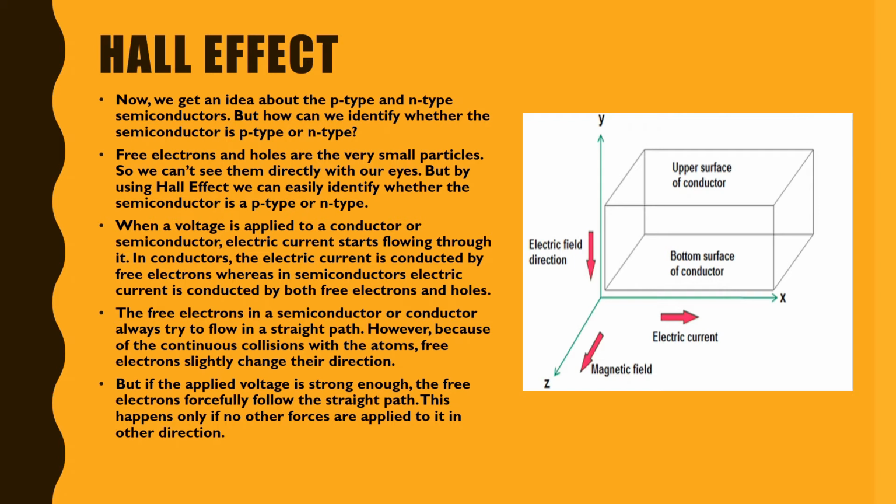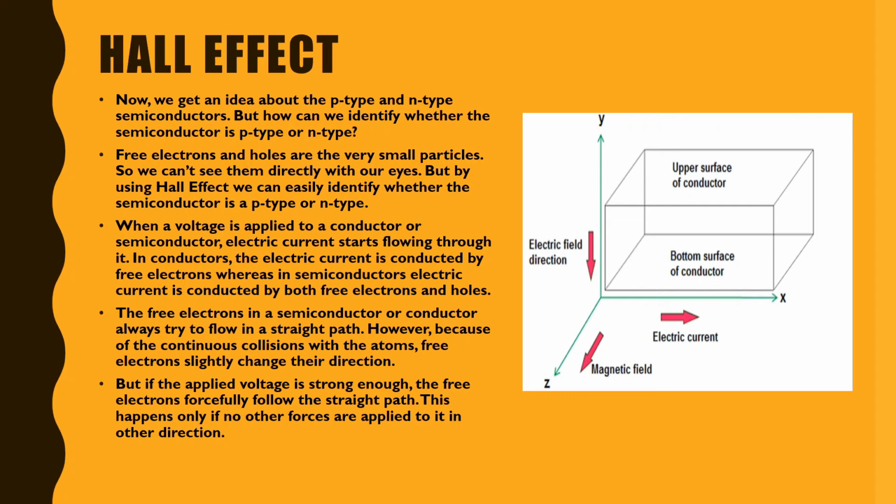The free electrons in a semiconductor or conductor always try to flow in what? In a straight path. However, due to various collisions with atoms, free electrons slightly change their path. But if the applied voltage is very strong, the free electron forcefully has to follow the straight path.